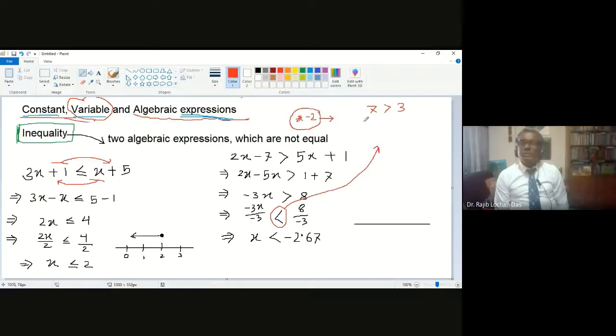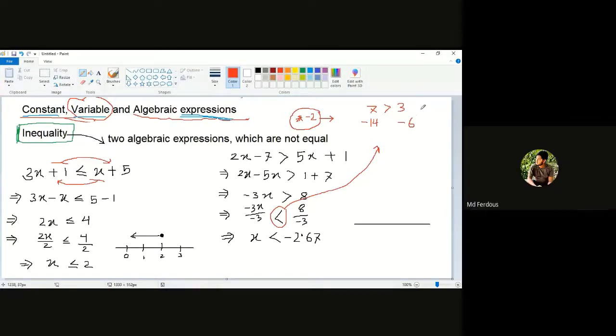This will be -14 and that will be -6. Now which one is bigger? Is -14 bigger than -6, or -14 is less than -6? Which one is correct? Sir, minus 14 is less than minus 6.